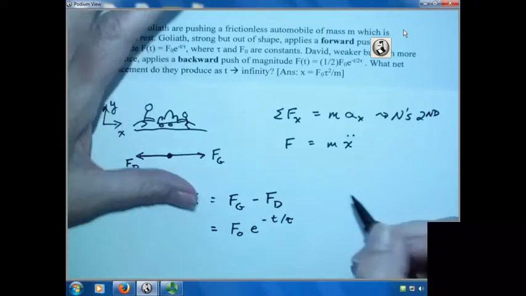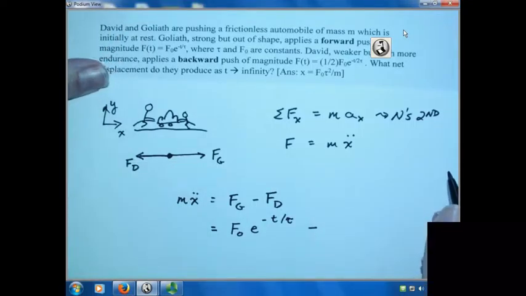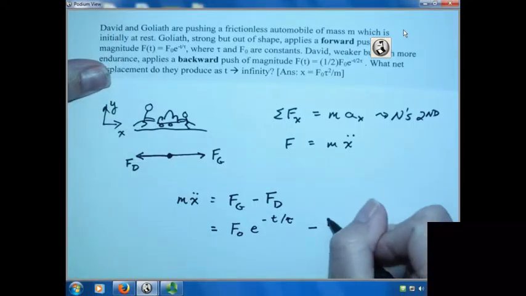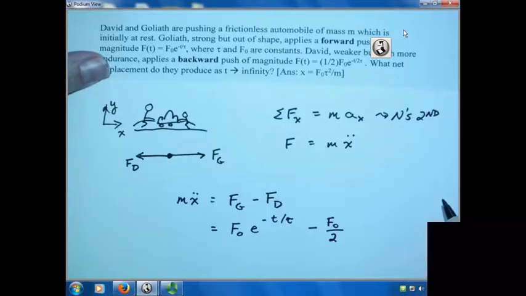All right. And for David's force, well, he's weaker. So his initial force is half of Goliath's, but he has more endurance, meaning his time constant for that drop-off by about a factor of 1/3 is longer. So e to the minus t over 2 tau.